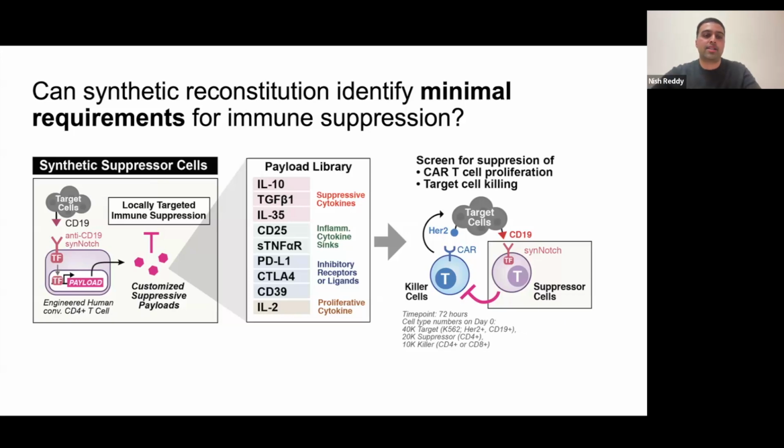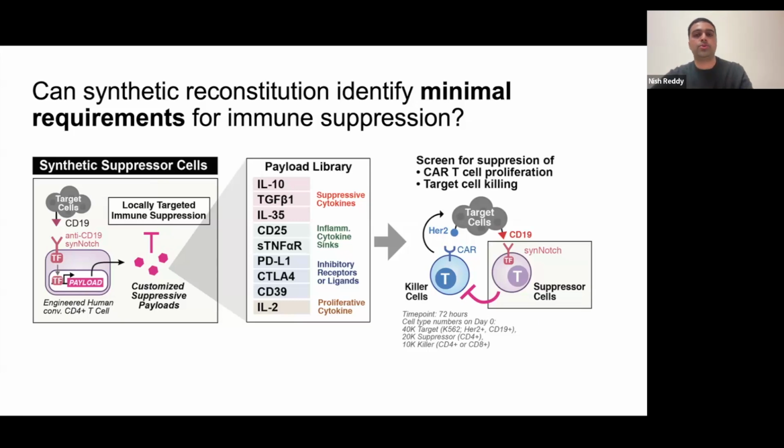If we use a cell like a CD4 T cell, these cells are highly engineerable and easy to acquire, and we can transduce these cells with SynNotch circuits that can induce custom payloads in an antigen-triggered manner.